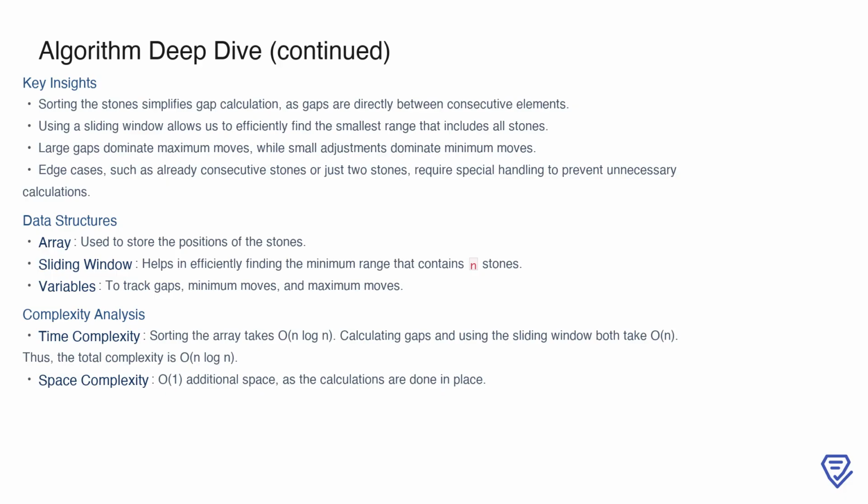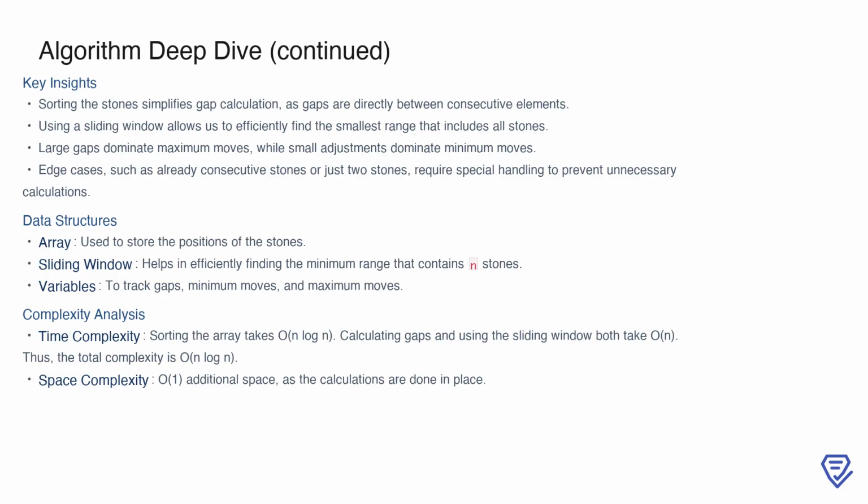From this analysis, several key insights emerge. Sorting the stones simplifies the calculation of gaps, as these gaps are directly between consecutive elements in the sorted array. The sliding window technique is efficient for finding the smallest range that includes all the stones, which is crucial for determining the minimum moves. We also see that large gaps dominate the calculation of maximum moves, while small adjustments dominate the calculation of minimum moves.